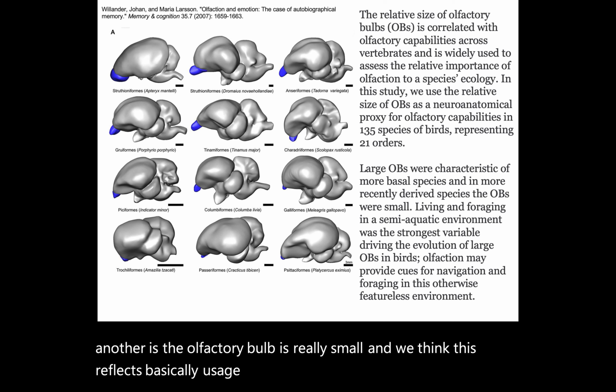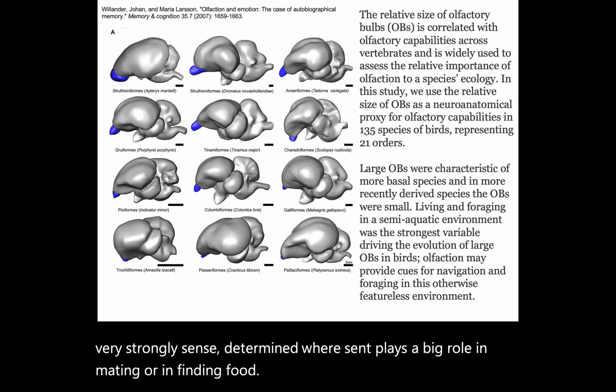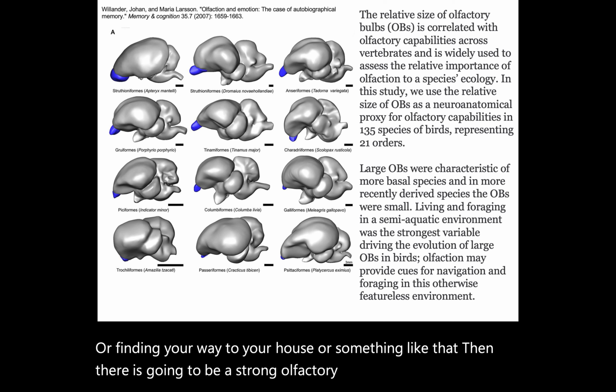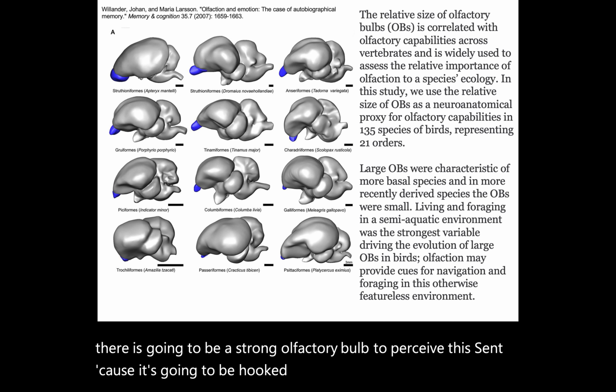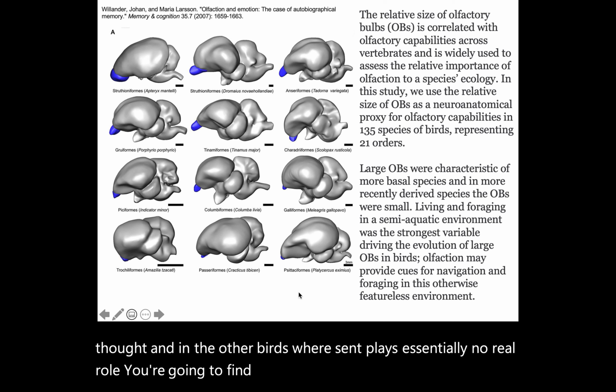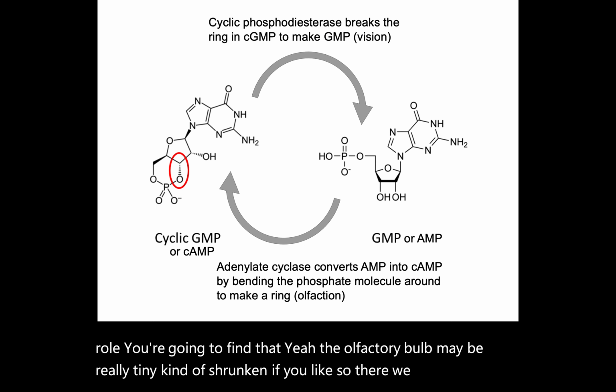So in birds where they are very strongly scent determined, where scent plays a big role in mating or in finding food or finding your way to your house or something like that, then there is going to be a strong olfactory bulb to perceive this scent because it's going to be hooked up. It's going to be a major part of thought. And in the other birds where scent plays essentially no real role, you're going to find that, yeah, the olfactory bulb may be really tiny, kind of shrunken, if you like. So there we go. Interesting little thing.